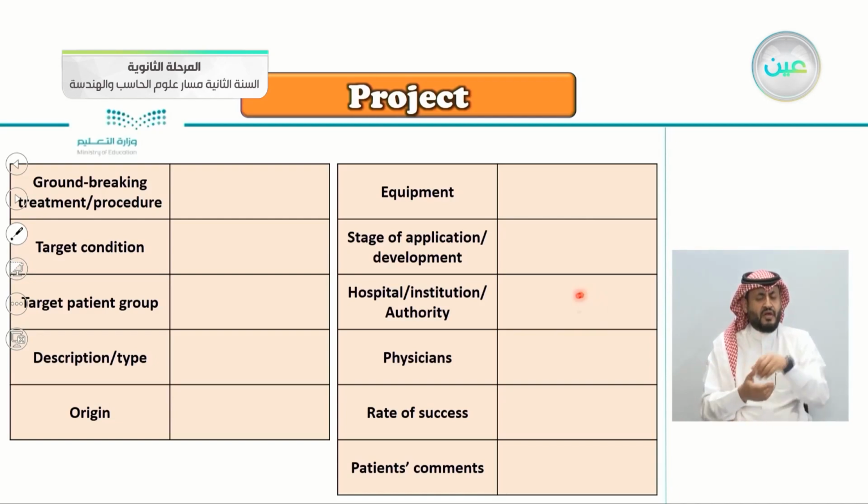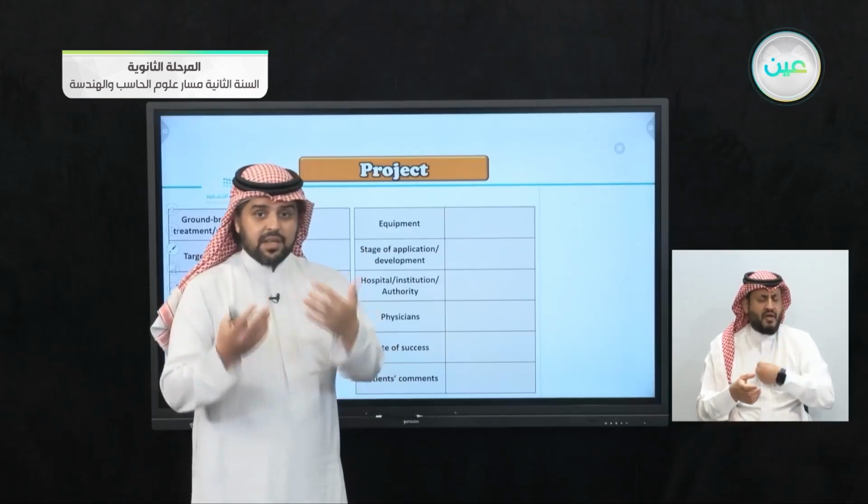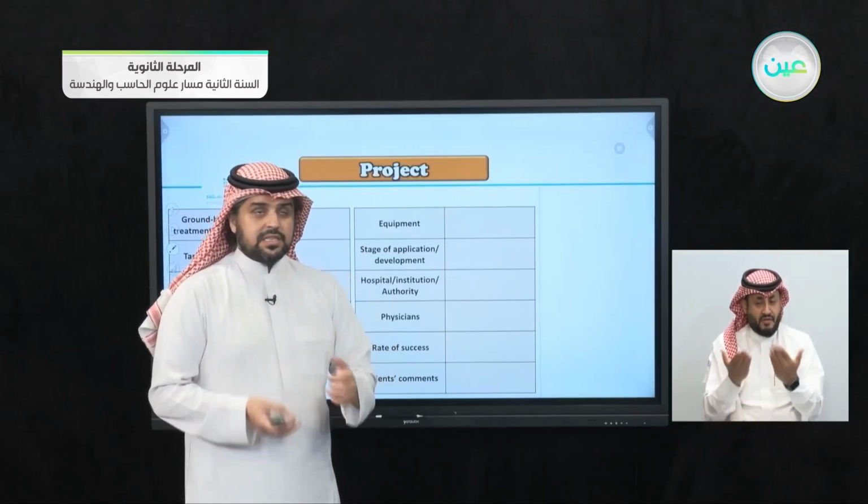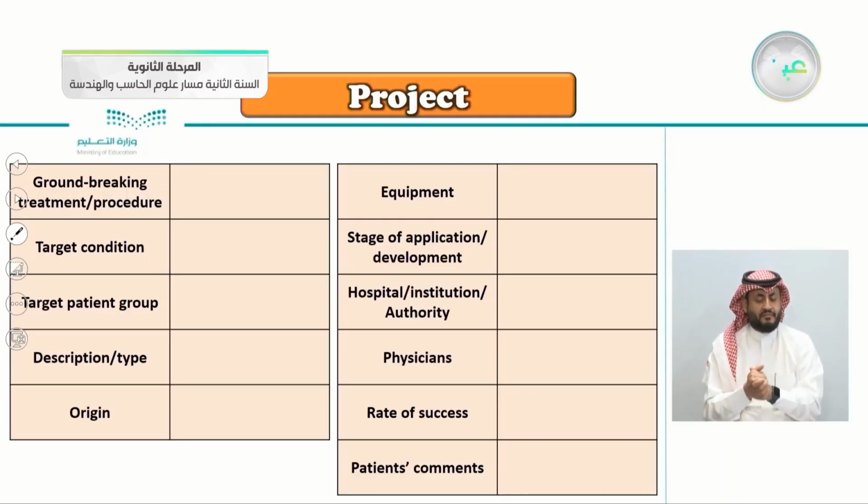Who is responsible for this treatment? Is it a hospital or an authority or maybe someone else? Physicians, the doctors or the scientists behind this treatment. Rate of success. Rate of success is 100%, 50%, 80%, and so on. The patient's comments. What did the patient say after they received this treatment? The comments of the patients.